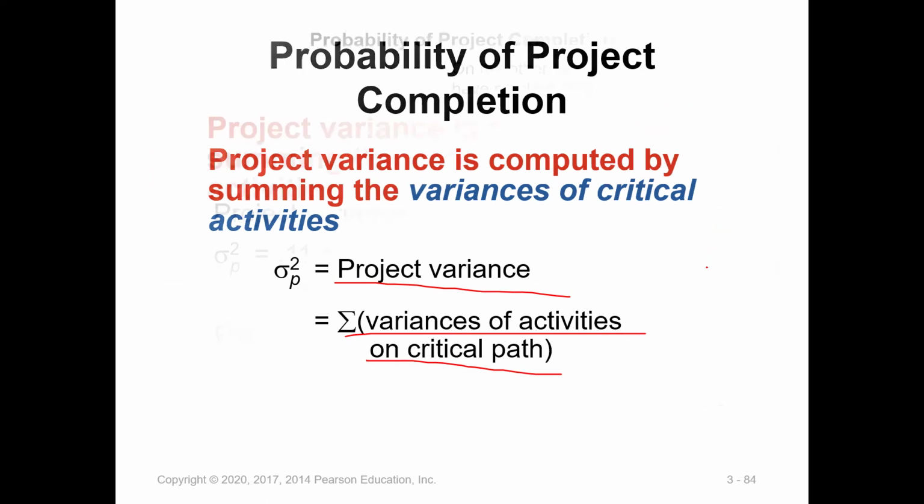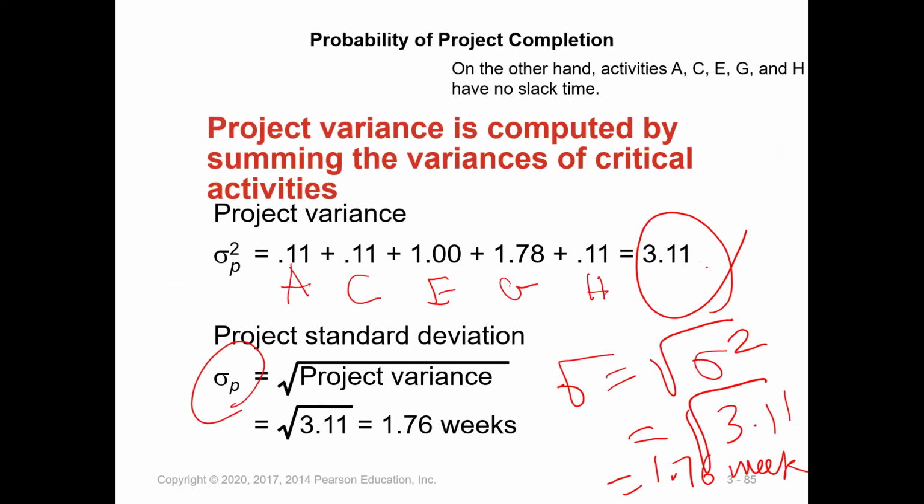So the critical path depends on the example. For our example here, the critical path is A, C, E, G, and H. So I add A variance plus C variance plus E variance, which is 1, plus G variance, which is 1.78, plus H variance, which is 0.11. Then I will end up with 3.11.